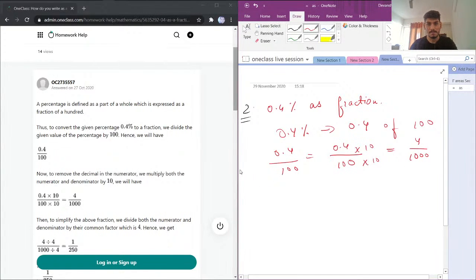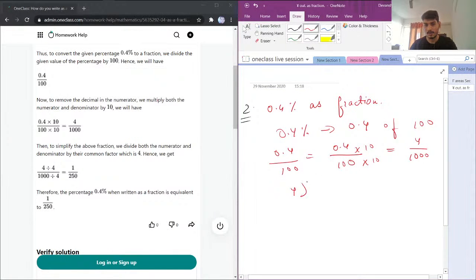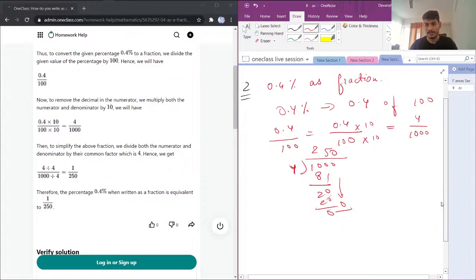Now I can divide 4 by 1000, as 4 will be 2 times 2. I'll get 2, 20, 5 times 20, 0, this 0 and this 0 goes here.